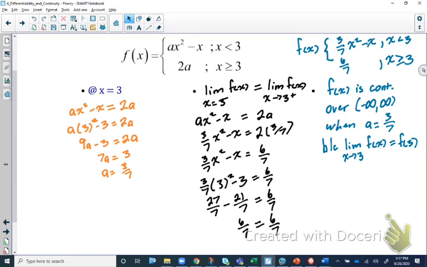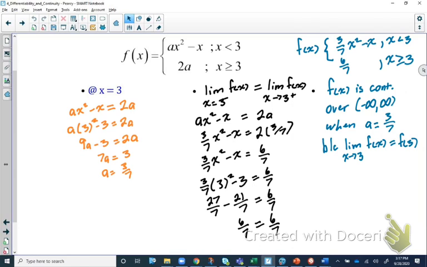Now we can look at the left and right side limits, just to see whether the general limit exists. The limit as x approaches 3 from the left-hand side, we can take the 3/7 that we got and substitute it in for the value of a, and then do direct substitution. Plugging the 3 in for the x's, I get 3/7 times 3 squared minus 3.